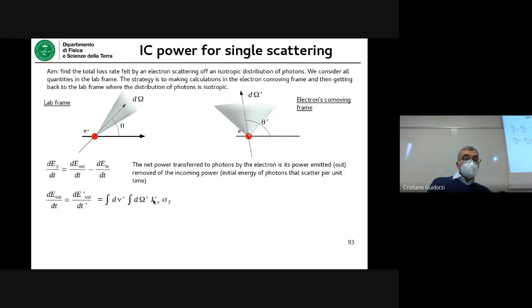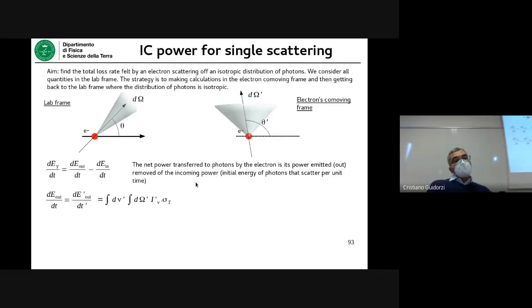So specific intensity integrated over the solid angle d omega prime, times the area. You integrate in frequency, so you are left with energy per unit time. And that's all we need. I'm just weighting all the energy that is being scattered through Thomson scattering by the electron in its comoving frame.